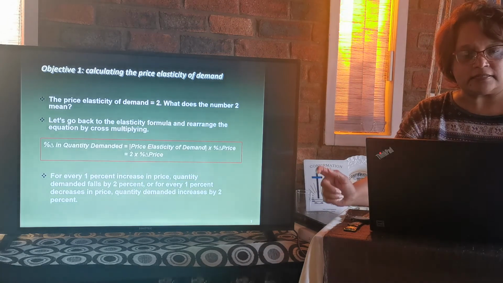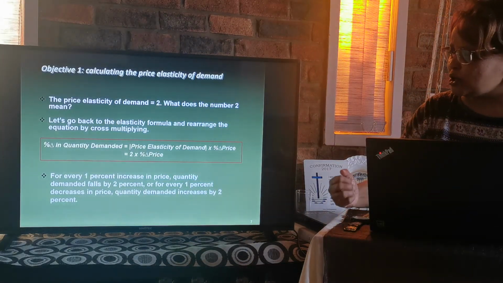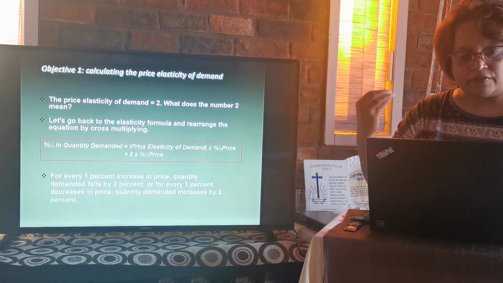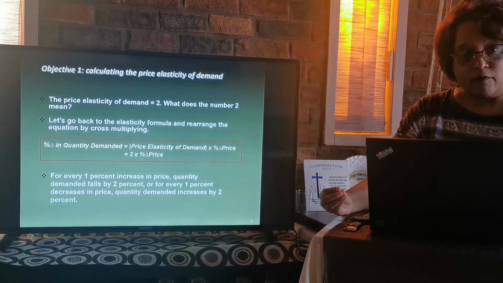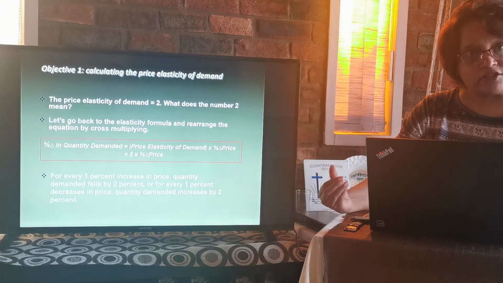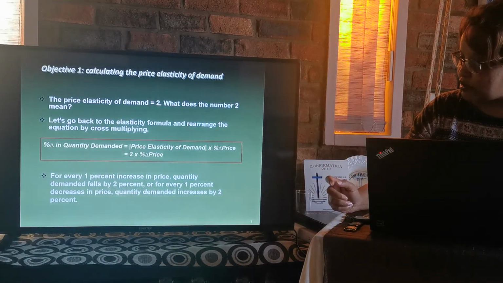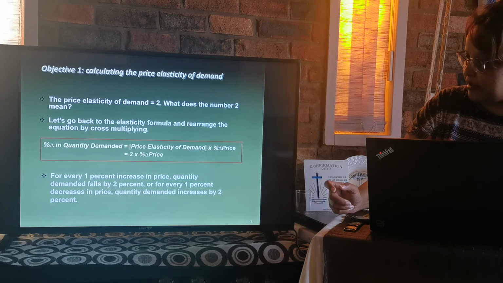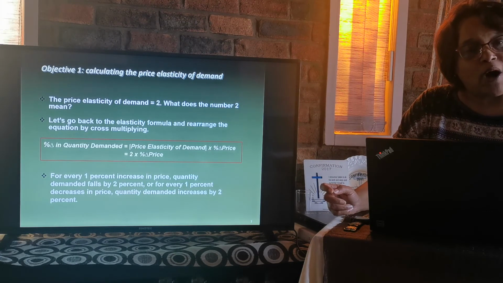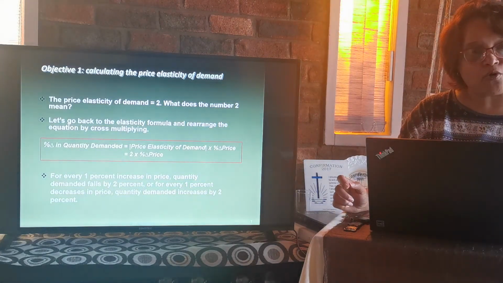Let's go back to the elasticity of demand and rearrange the formula. We want to know how the quantity demanded will change if the price elasticity is given, which is 2, compared to the price change. So we rearrange it a little bit and cross multiply, and the definition would then be: for every 1% increase in price, quantity demanded falls 2%.